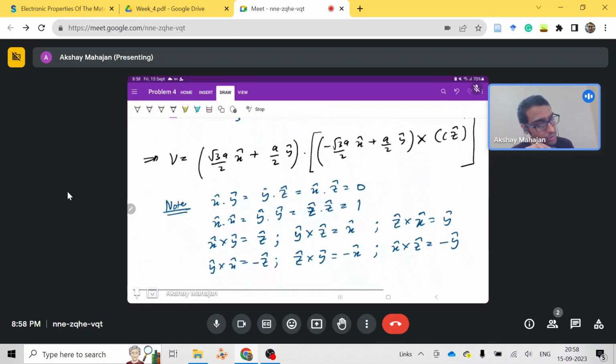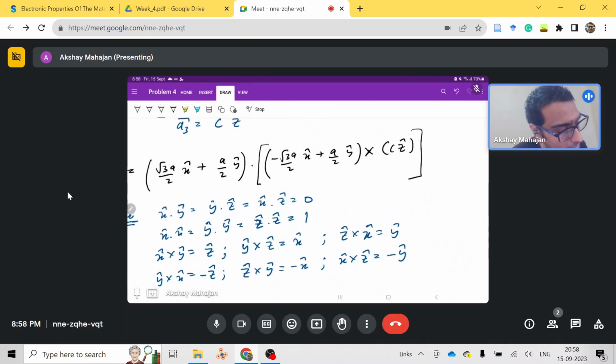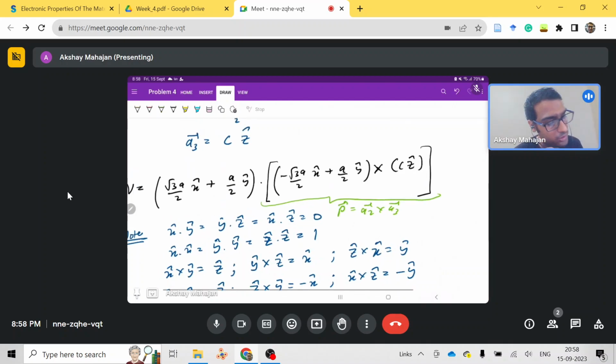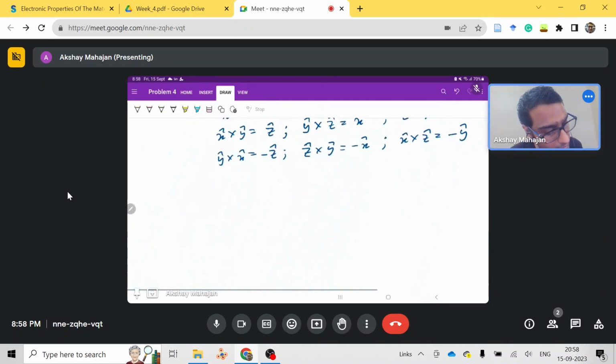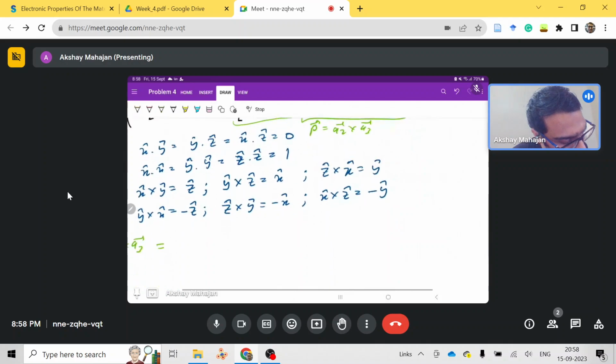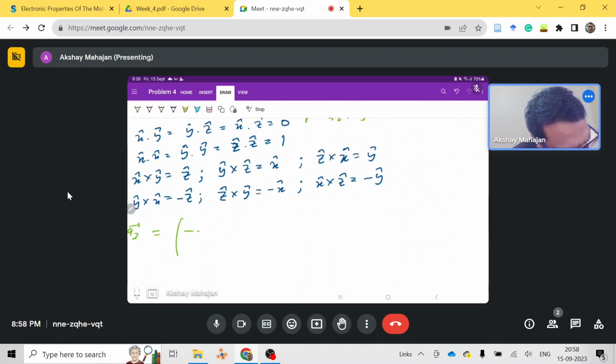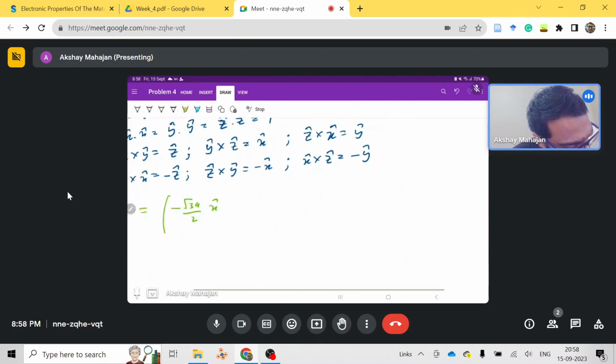So now, to solve this problem, we are going to solve this P vector, which is basically our E2 vector cross E3 vector. First we are going to solve this E2 vector cross E3 vector separately. So our P vector, which is basically E2 vector cross E3 vector, is given by minus root 3 A by 2 x cap plus A by 2 y cap.